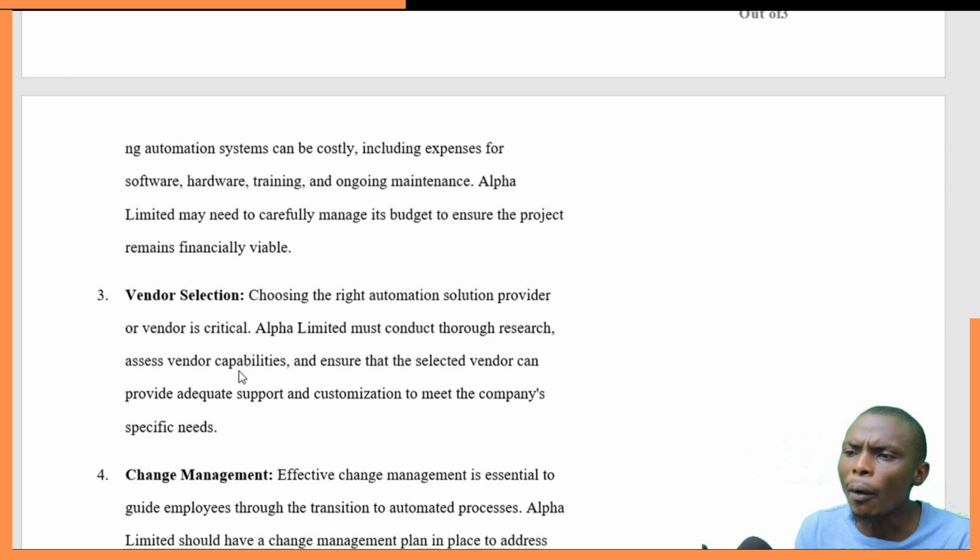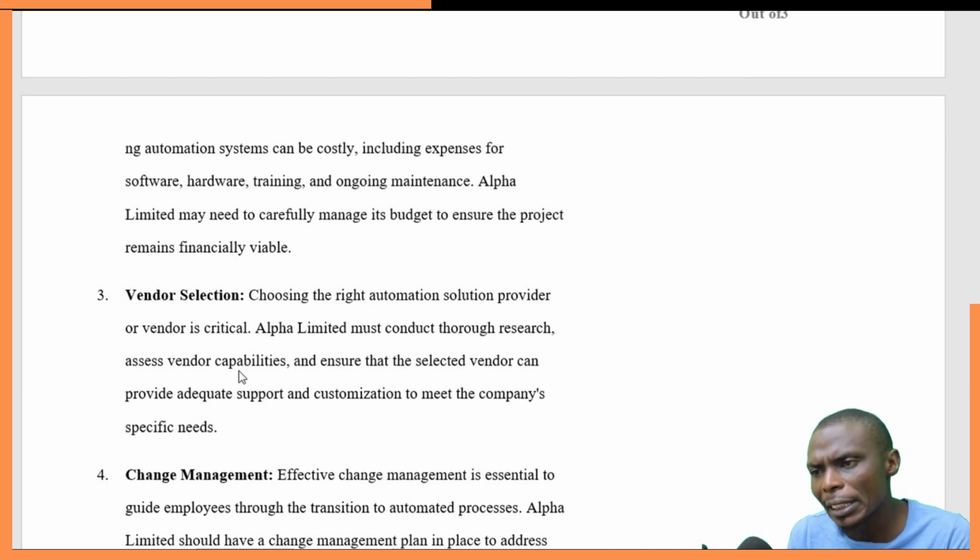Then number 2, we can talk about vendor selection. How are you going to choose the right automation solution provider or vendor who is going to provide this software for you? This organization, in this case Alpha, must conduct thorough research, assess vendors' capabilities, and ensure that the selected vendor will provide adequate support and customization to meet the company's specific needs.